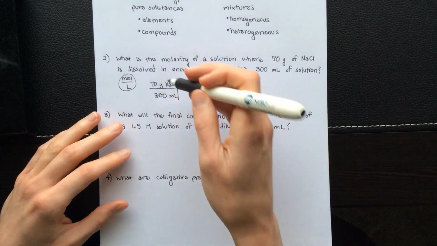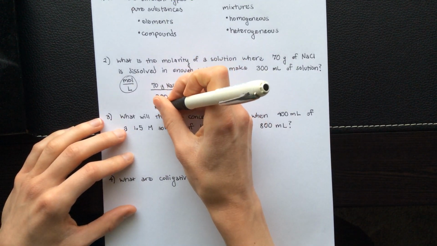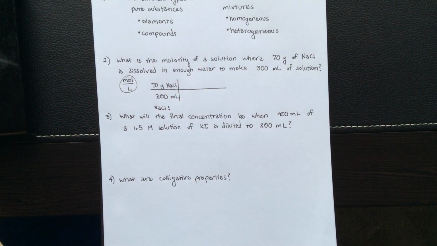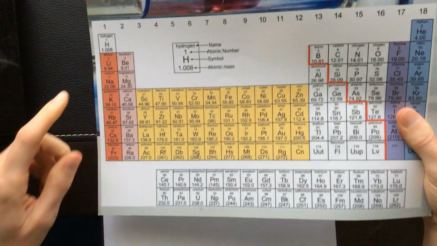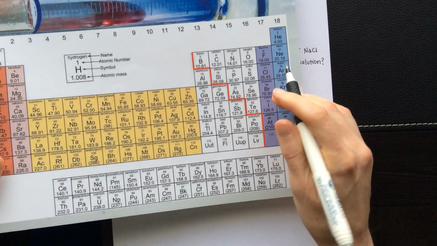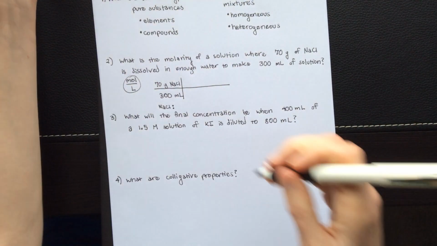So that means we need to find the molar mass of NaCl. So we need to look on the periodic table, which I have right here. So Na is 22.99 and Cl is 35.45.